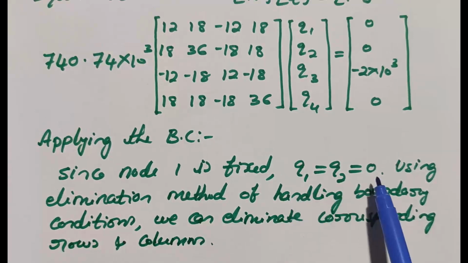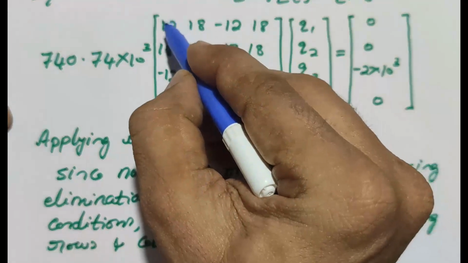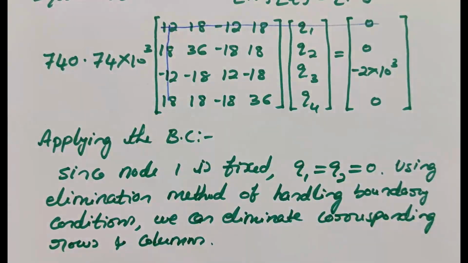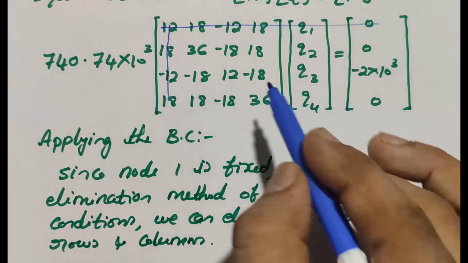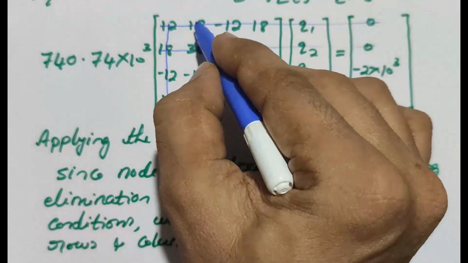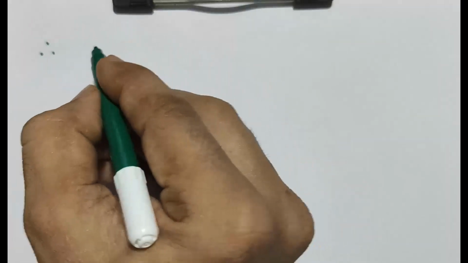See, since Q1 is 0, we can eliminate first row, first column. So I will eliminate first row, first column in the equilibrium equation. Similarly, see, Q2 is 0, means we can eliminate second row, second column according to this elimination method. So we will eliminate second row, second column.